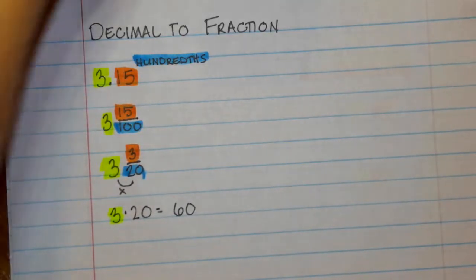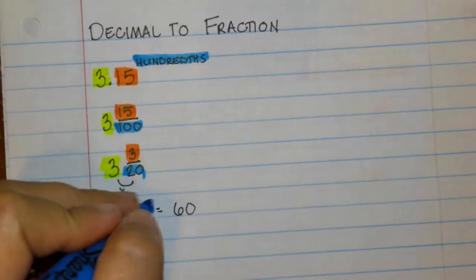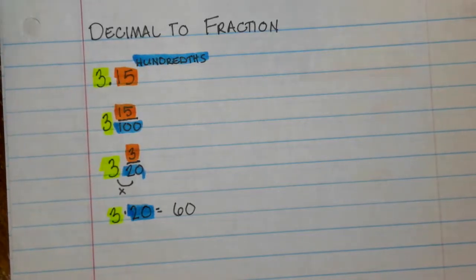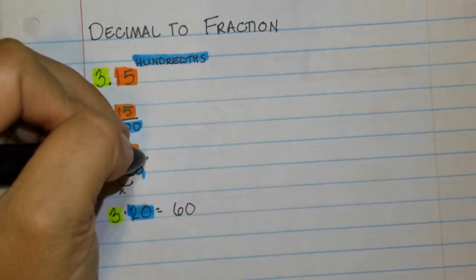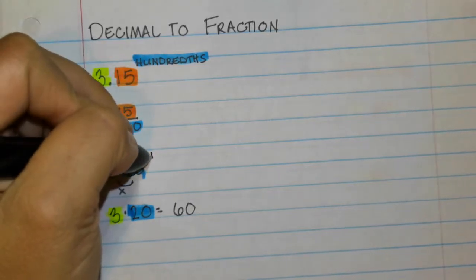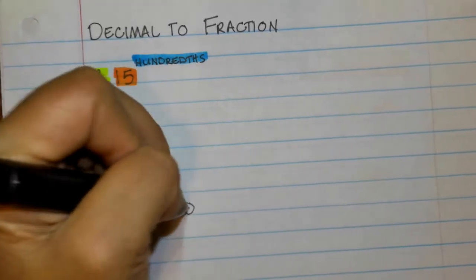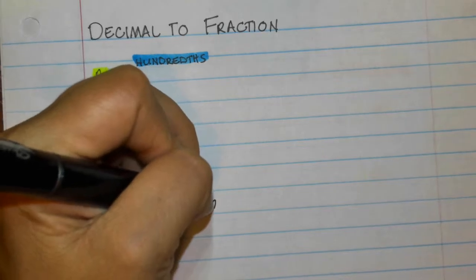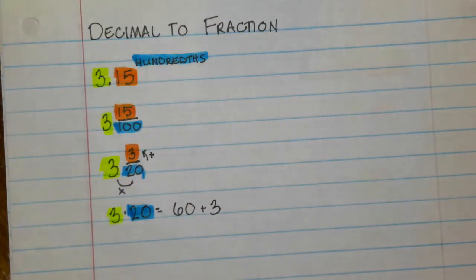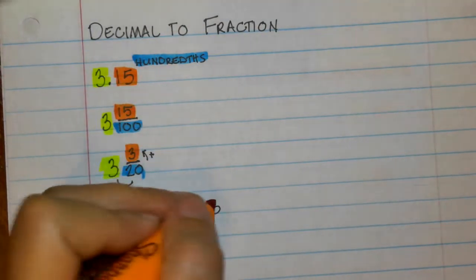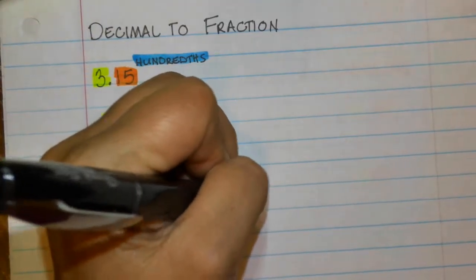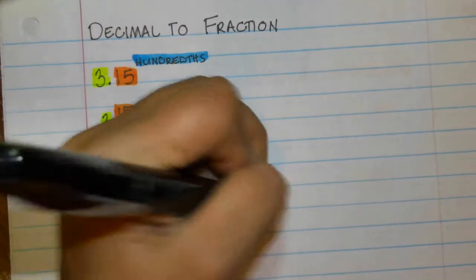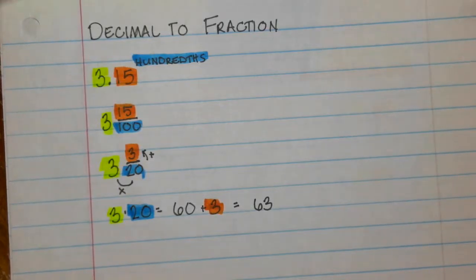Here's your 3 and your 20, and that equals 60. Then after you have that number, you have to add your numerator. So once I have 60, I'm going to add 3, and I end up with 63. 63 is now going to be my new numerator.